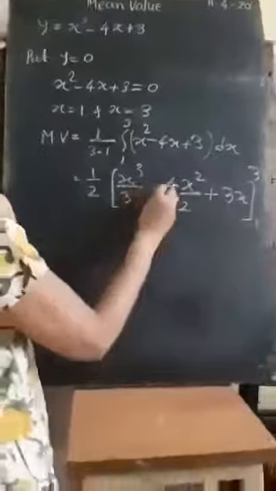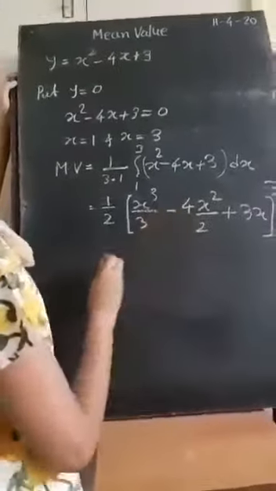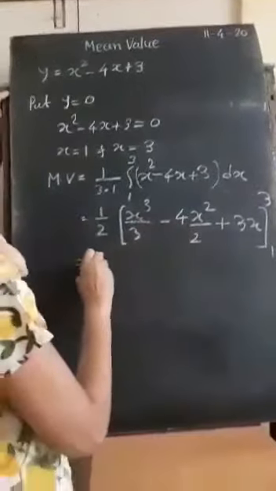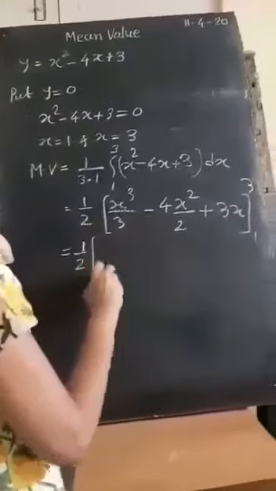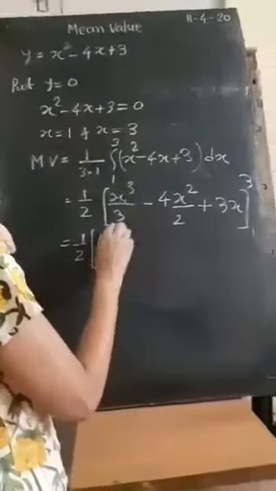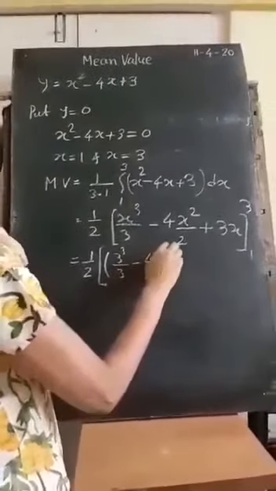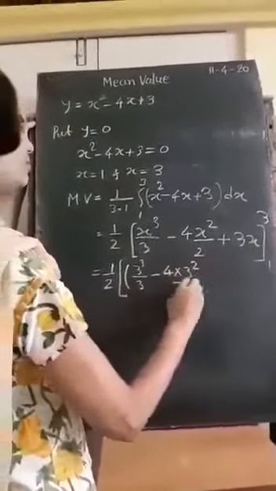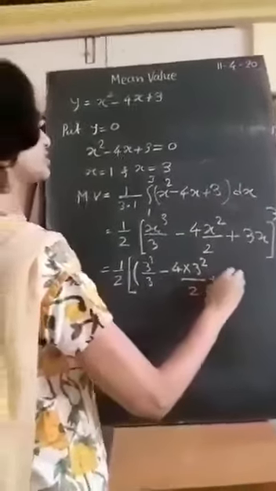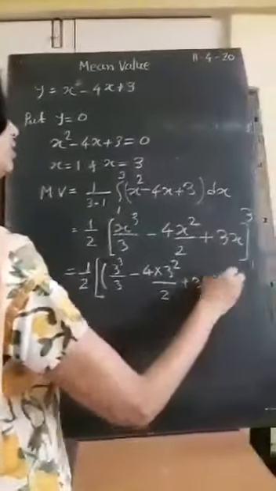So what you have to do is 1 by 2, then round bracket 3 cube upon 3 minus 4 into 3 square upon 2 plus 3 into 3.